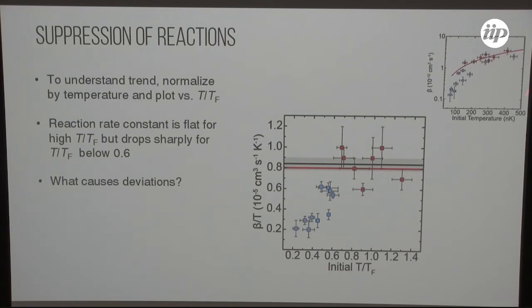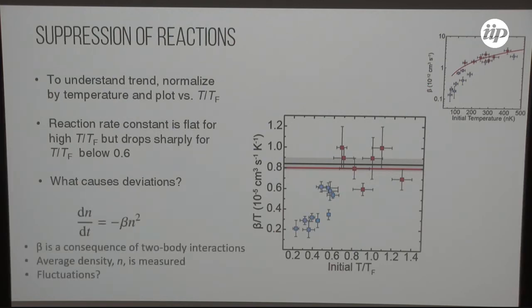On the uppermost corner is the same data from before, and when it's plotted against T over TF, you can see that the reaction coefficient is flat for the red data points, with an average value that is in very good agreement with the prediction from the defect theory. Instead, when the degree of degeneracy increases, the reaction rate drops, by a factor of 4 or so.